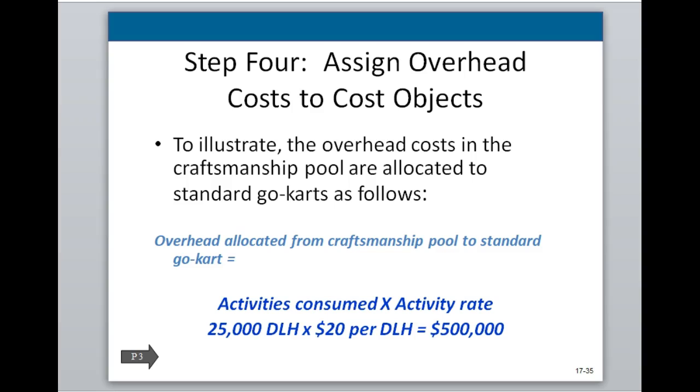So overhead is allocated to standard go-karts by the activities consumed times the activity rate. So we have 25,000 direct labor hours times $20. So we're saying that $500,000 of this overhead is going to be associated with the standard go-karts.